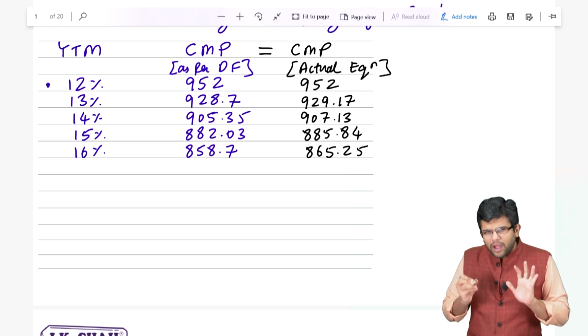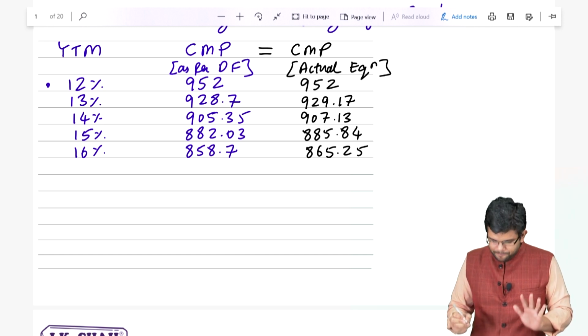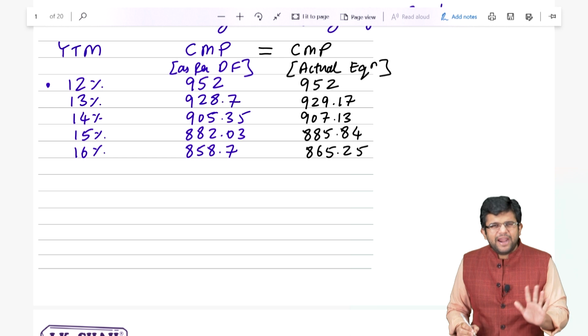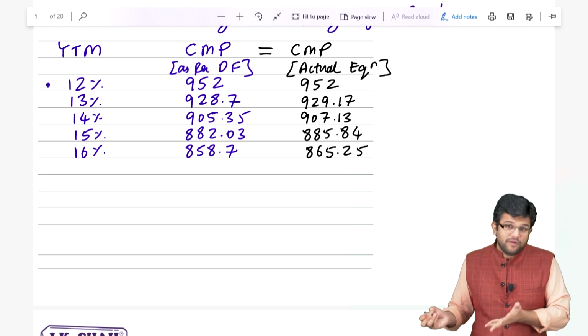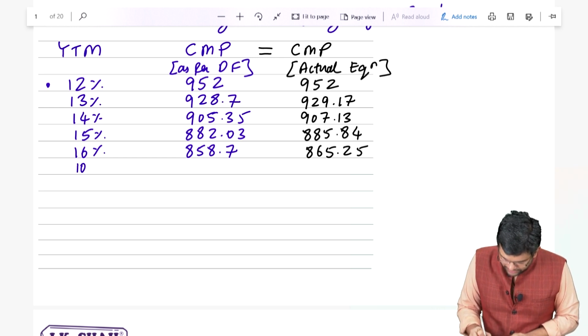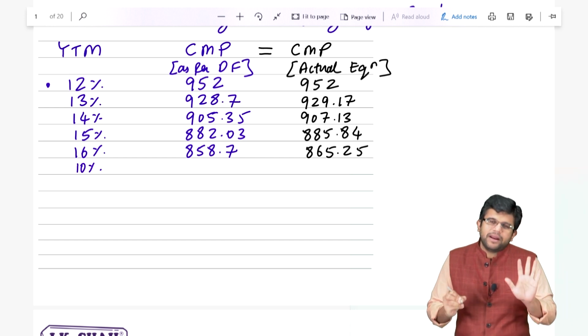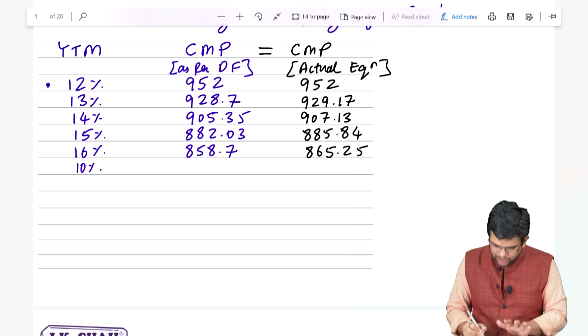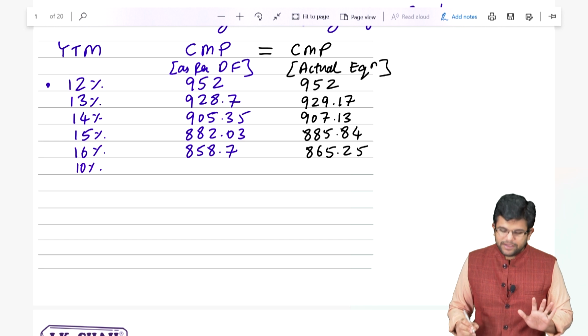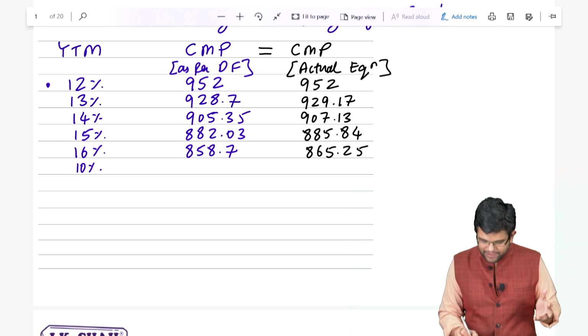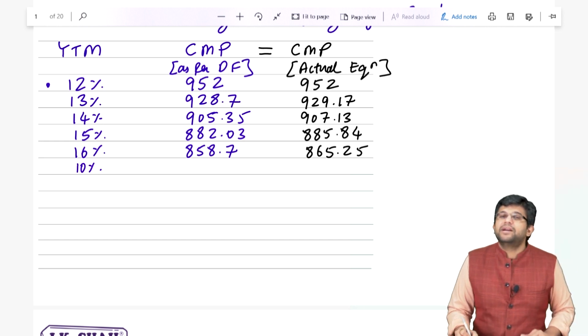Now, I just want to calculate the current market price at one more rate of YTM, 10%. Why? I'll tell you in some time. Right now I'm taking it as 10%. If the YTM is 10%, what should be the market price as per the derivative function?